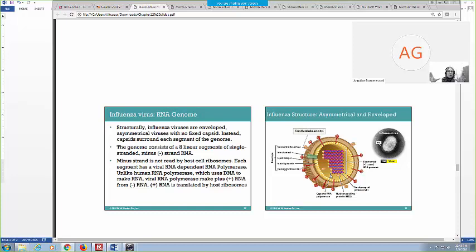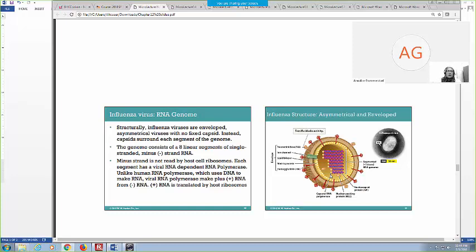And as long as the protein components are present in the host cell to build a new virus structure around the viral genome, it's going to be made into a new virus. So these mistakes are random mistakes.